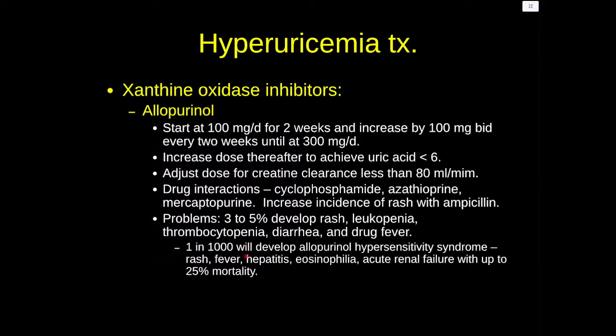One patient in 1,000, so 1 per mille, will develop allopurinol hypersensitivity syndrome, which comprises rash, fever, hepatitis, eosinophilia, and acute renal failure, with up to 25% mortality. You see how high the mortality is in these patients.